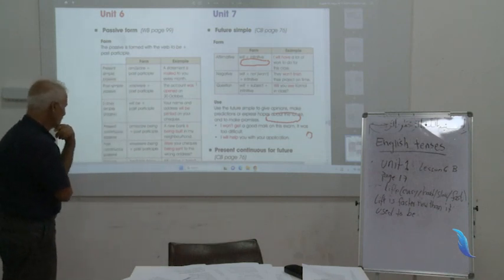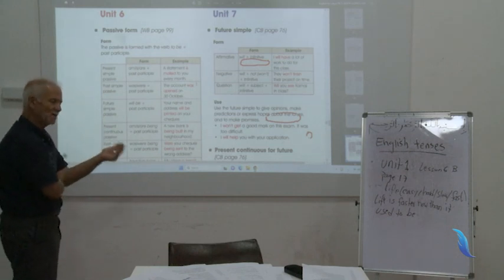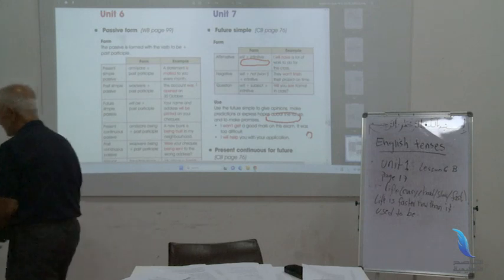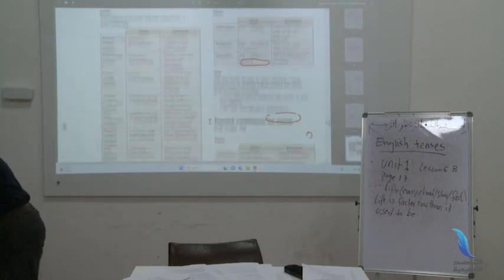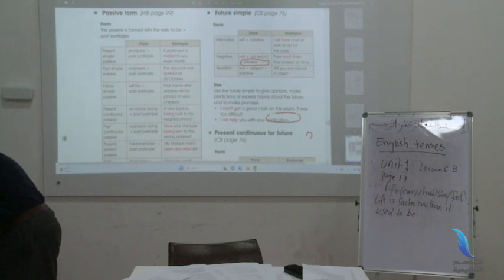In past continuous passive, was and were plus being plus past participle. So if you follow this table, you never go wrong because it's quite clear how to apply these rules.